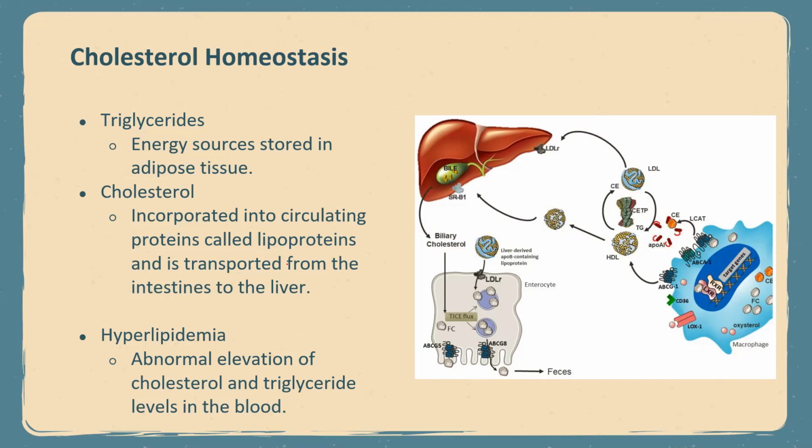Remember, guys, that cholesterol is an endogenous substance, which means that it is naturally occurring. Normally, the body of an individual manufactures enough cholesterol to meet the metabolic requirements of the body.